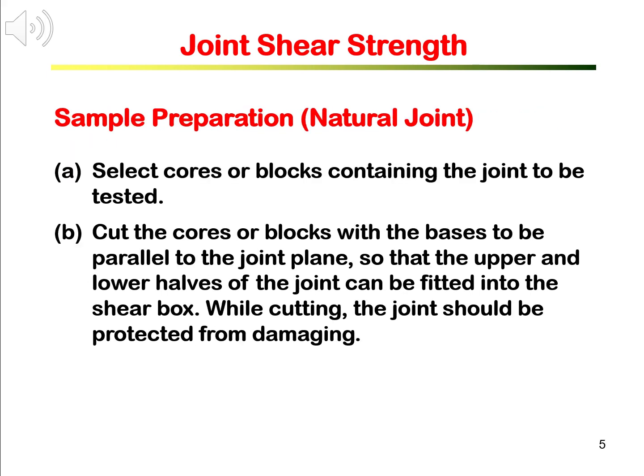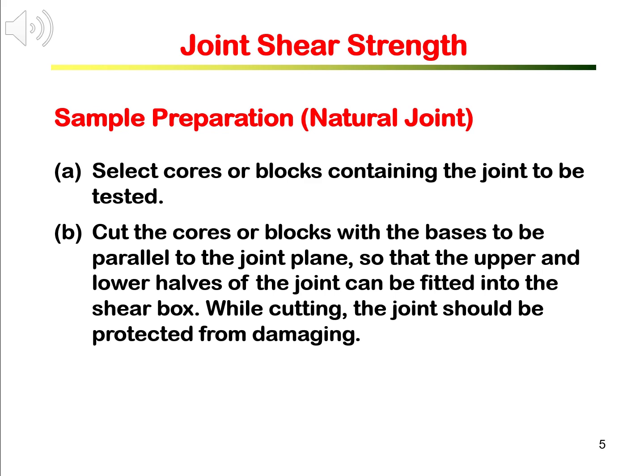Before we start the test, we need to prepare the specimen and the shear box assembly. The specimen preparation procedure explained here is for typical natural joints selected from core samples.